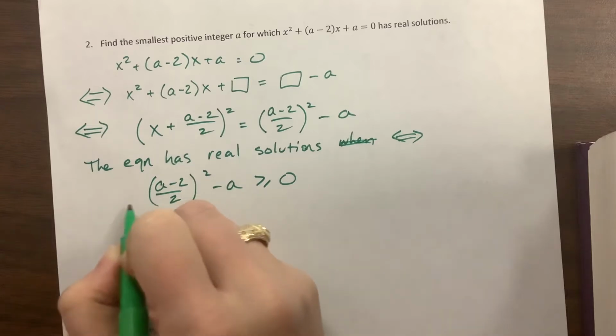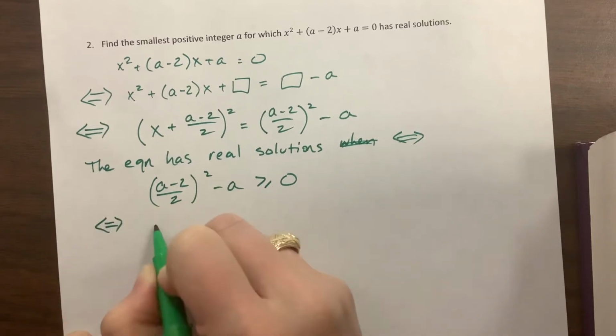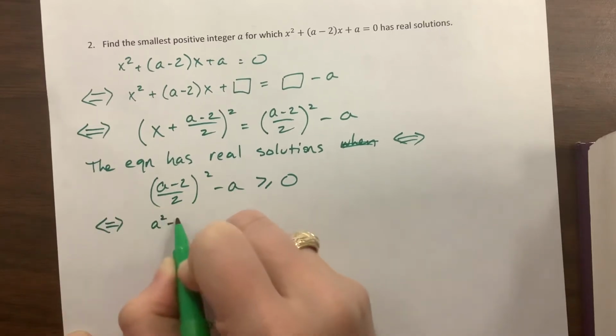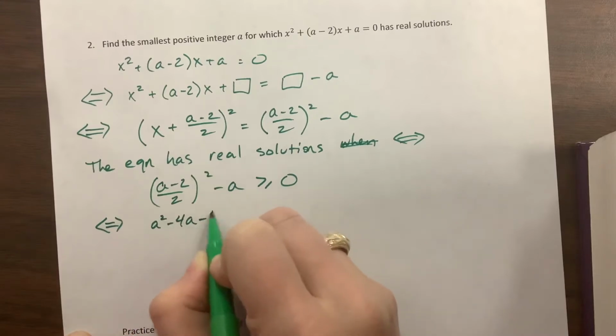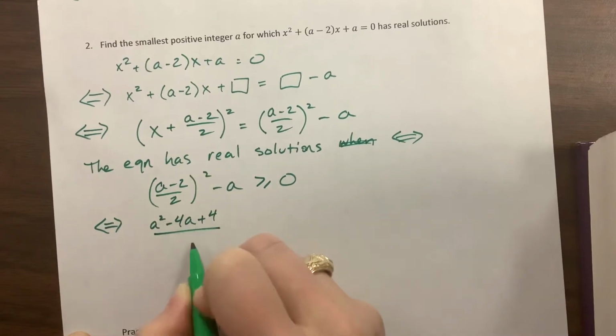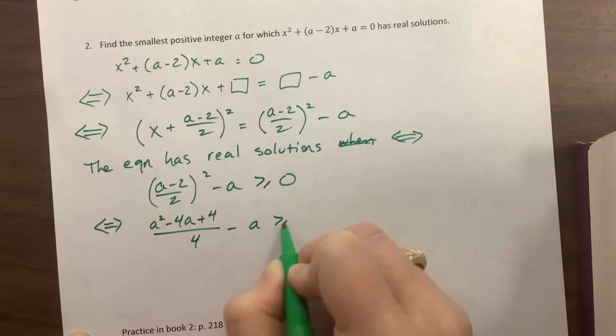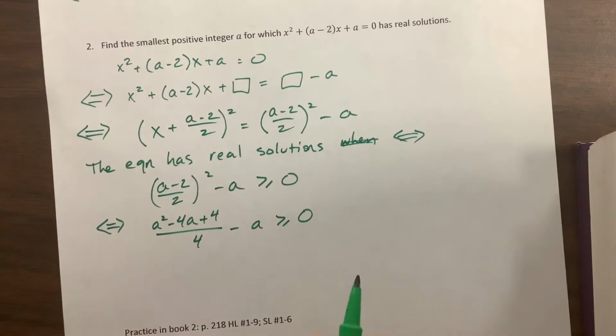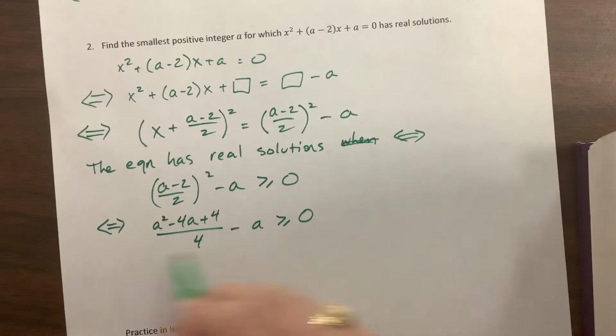So this would be equivalent to (a squared minus 4a plus 4) over 4 minus a has to be greater than or equal to 0. Okay, so then the next thing we wanted to do would be to clear the denominator.